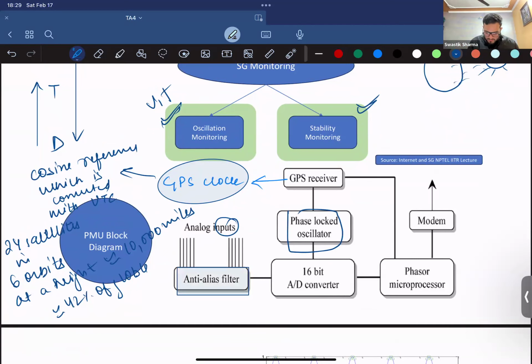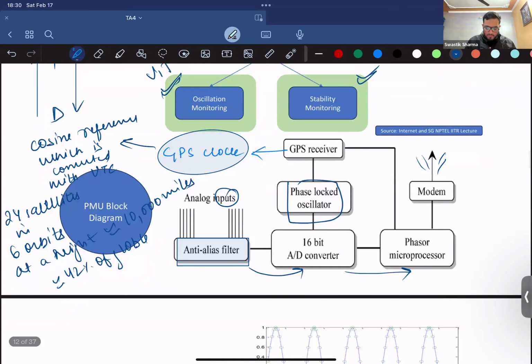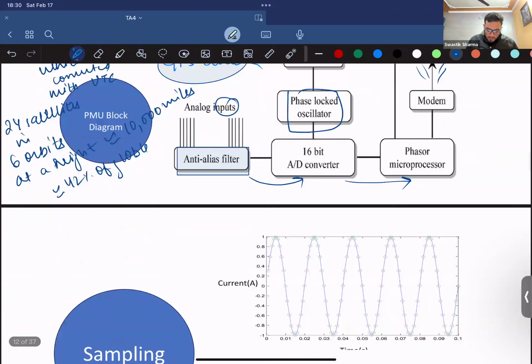I'll discuss anti-aliasing later. It is then converted from analog to digital, and logged with the GPS clock, the cosine reference, combined with the UTC, which is then sent to a microprocessor that calculates the phasors associated with the voltage and current, and sends them back to the control centers or the phasor data concentrators using this modem. I am repeating what I told in the first class.